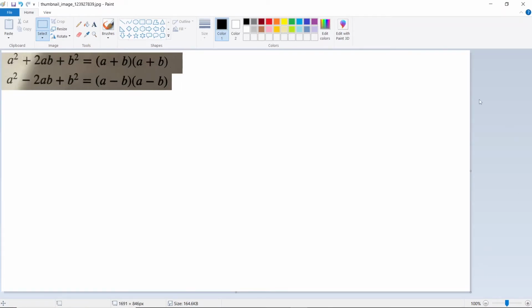Now there's another way to write each one of these. Notice this one says a plus b times a plus b. That's the same as writing a plus b squared, because it's a plus b times itself. That'd be like saying 2 squared equals 2 times itself. So the first one is a plus b squared, and the second one is a minus b squared.